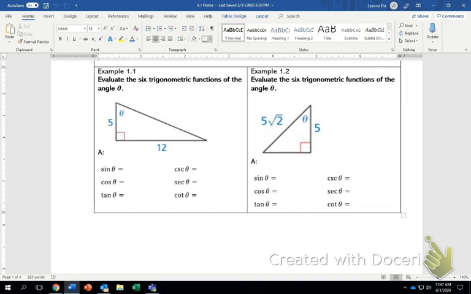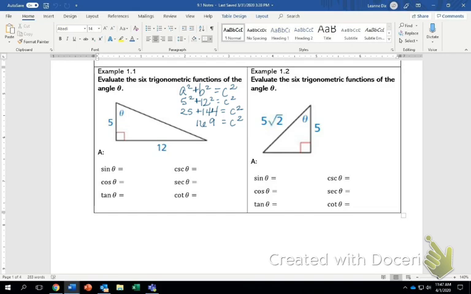So we're going to use our Pythagorean theorem, a squared plus b squared equals c squared. We're going to plug in our pieces to figure out, well, what is our hypotenuse? All right, so we know that 5 squared is 25. We know that 12 squared is 144. And once we square that, we can add them up to get 169 is equal to c squared.